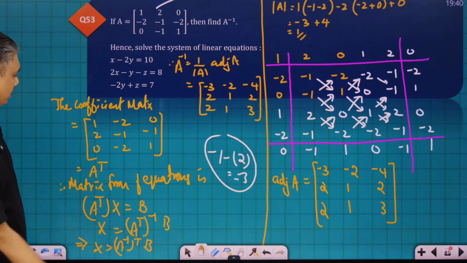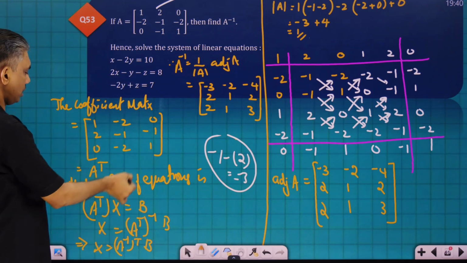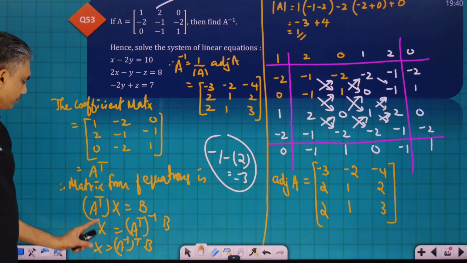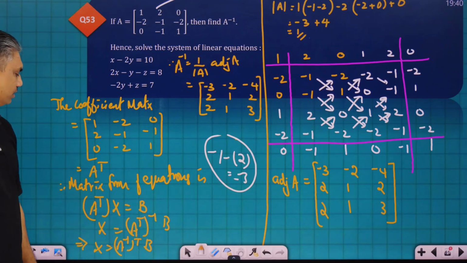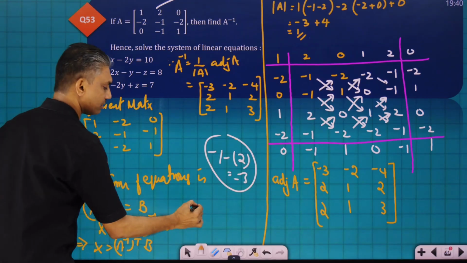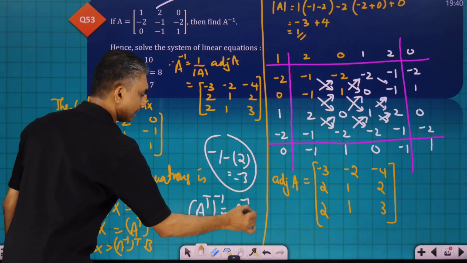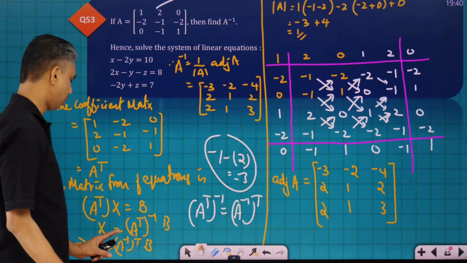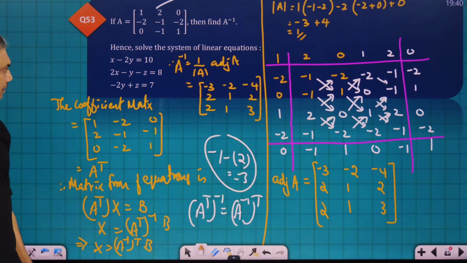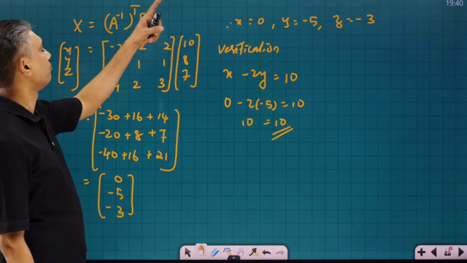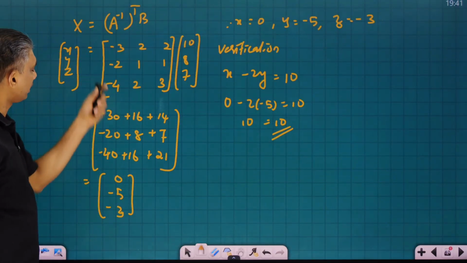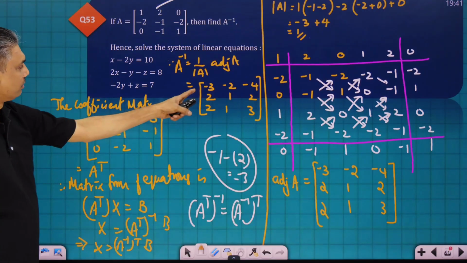So the coefficient matrix is not A, it is A transpose. Therefore, the matrix equation is A transpose into X is equal to B. So X is equal to A transpose inverse into B. We have studied a result: A transpose inverse is equal to A inverse transpose. So X is equal to A inverse transpose into B. What is A inverse? This one.